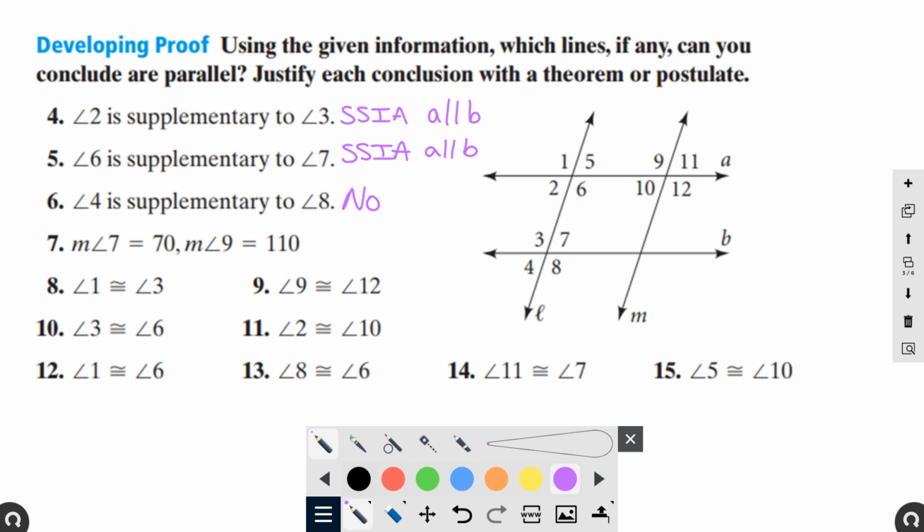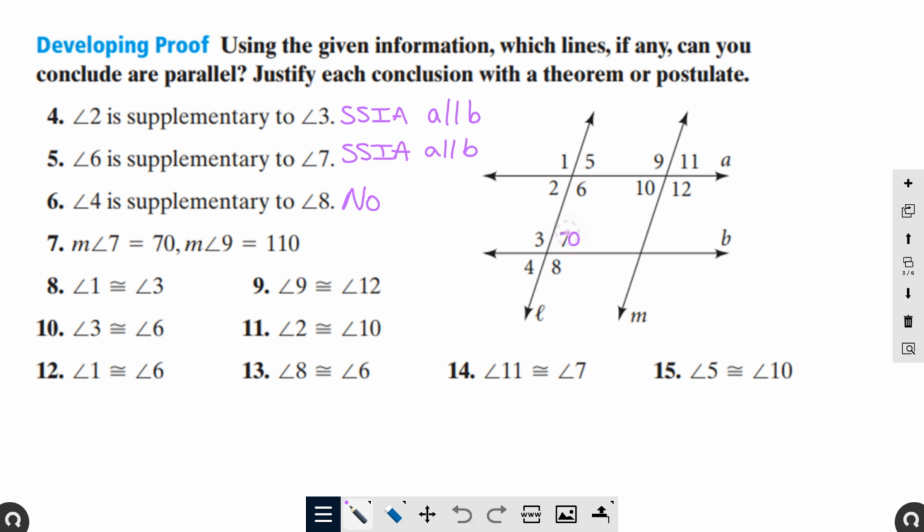Now, the next one we have talks about angle 7 is 70 degrees. So this angle here, we could just turn it into a 70 degrees here. And angle 9, way over here, is 110 degrees. Now, what do you know about 70 and 110? They make 180, so they're supplementary. Did those two angles in those two spots prove that lines are parallel?